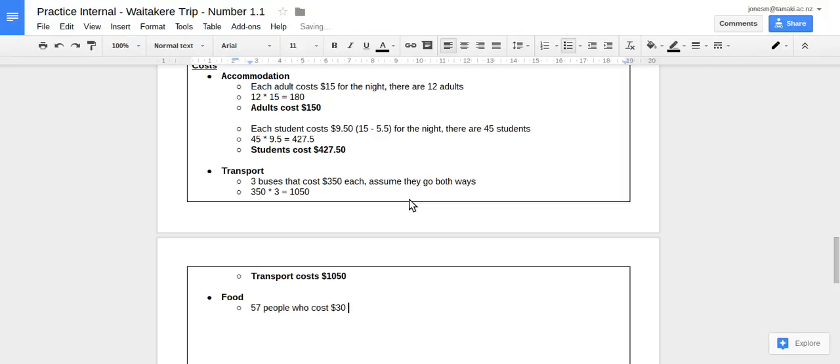I'm assuming they only pay for food on the first day. So that's going to be 57 times 30, and that is $1,710. So food costs $1,710.